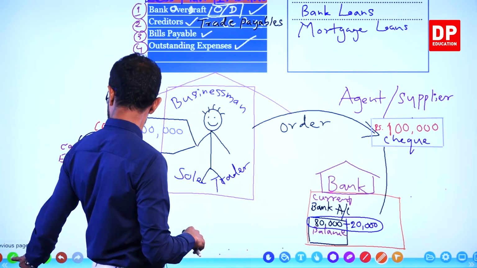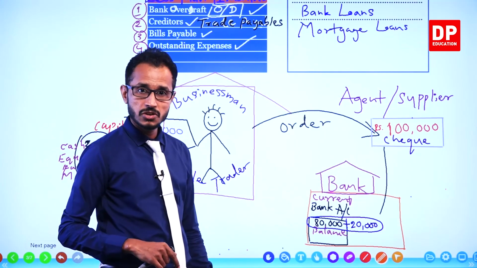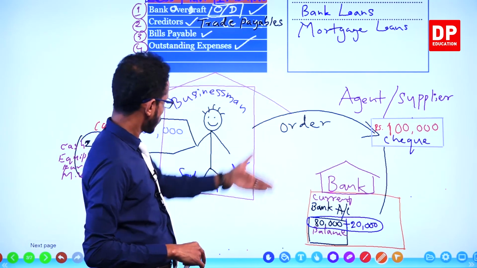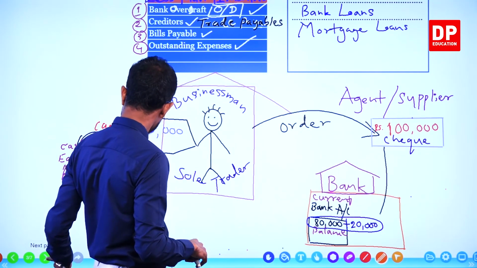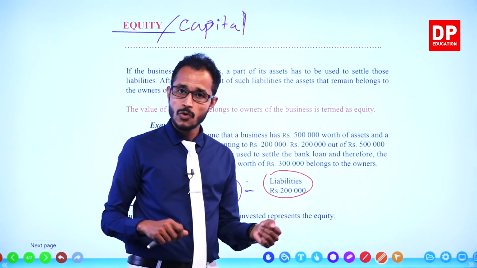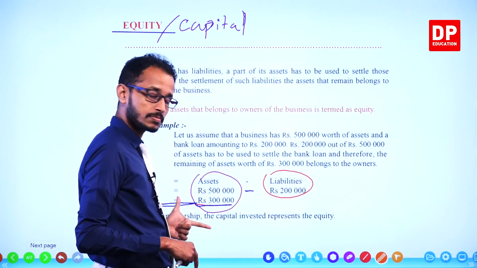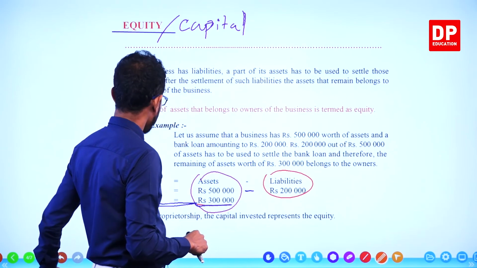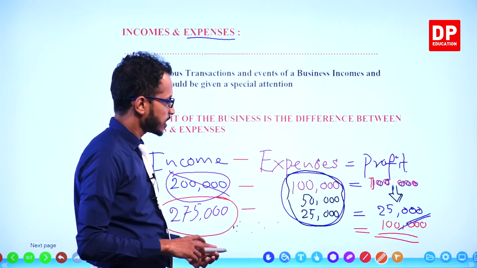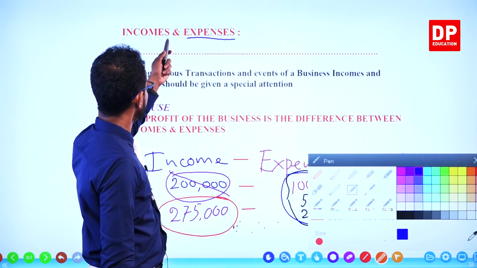We learned about liabilities, categorization of liabilities, current liabilities and non-current liabilities. All right. Equity, how equity is formed, how equity is calculated, and incomes and expenses.